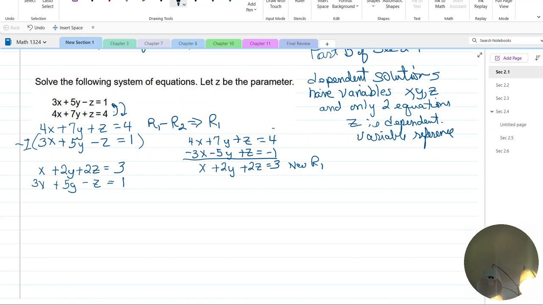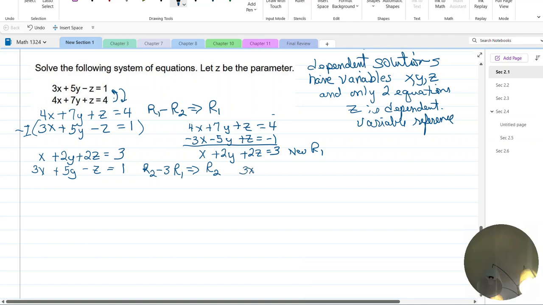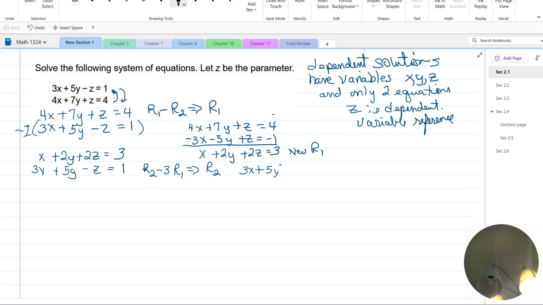So now let's see what I'm going to do on the next one. I'm going to say R2 minus 3 R1 to equal the new row 2. So I start with row 2, 3x plus 5y minus z equals 1.